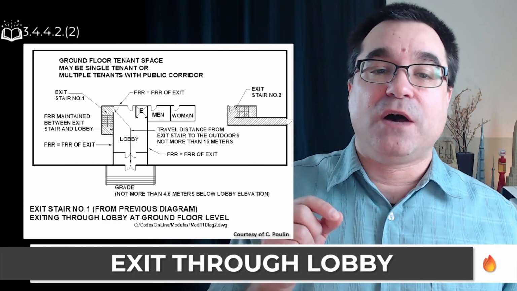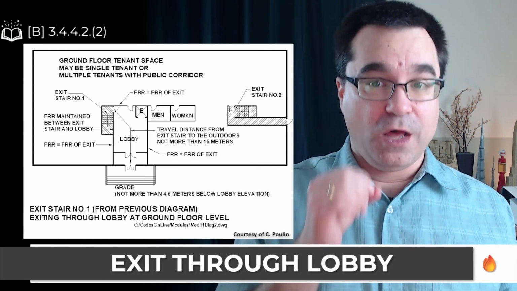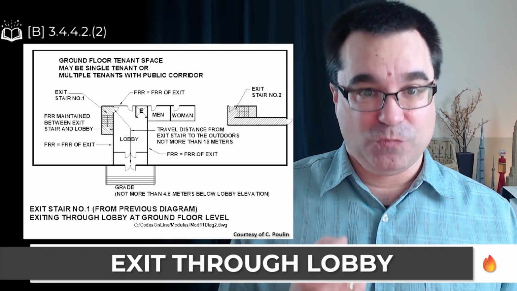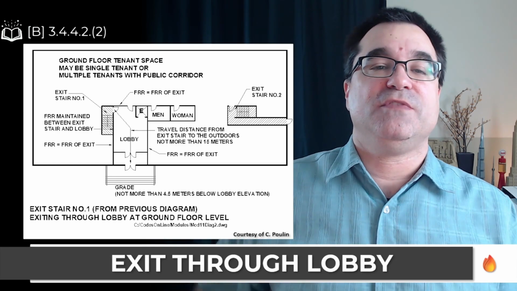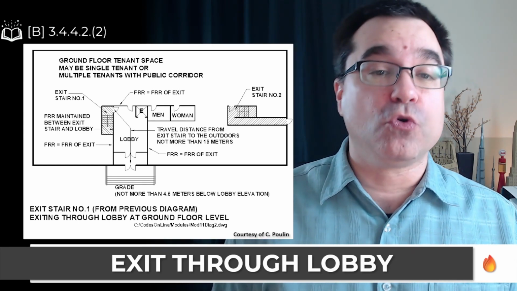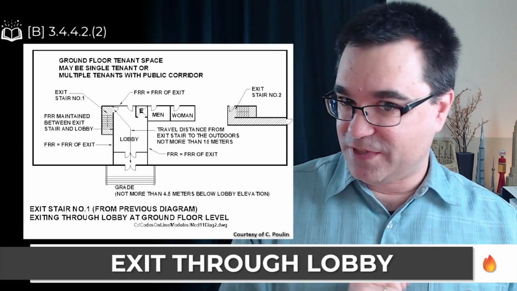Sometimes you're allowed for one of those exits to go through a lobby, the lobby of a building. Okay, just like I'm showing here. According to the requirements of sentence 3.4.4.2, that can only be done under very specific circumstances.